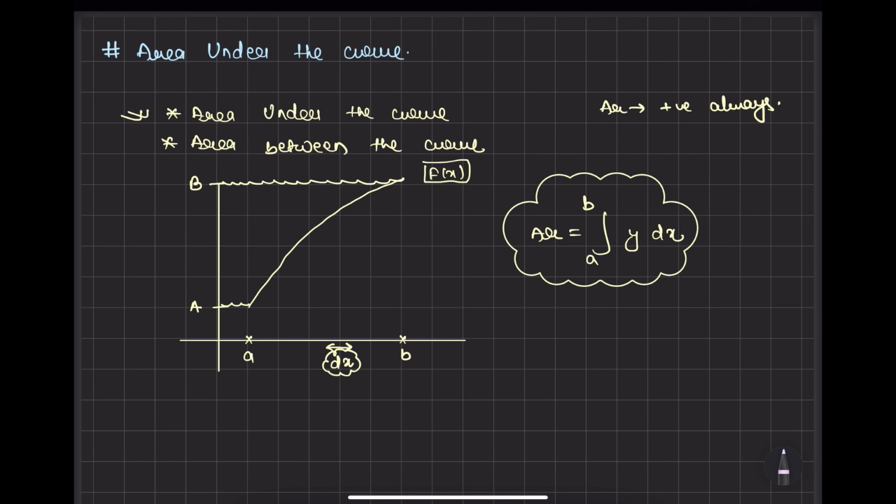Both are the same concept, though you cannot say this area is the same as that area. Suppose you take a very small strip of dy such that the two sides are equal.